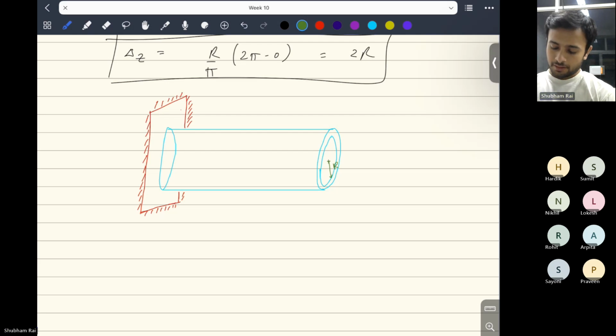Okay. This is the radius of the beam, the radius of the cross section.